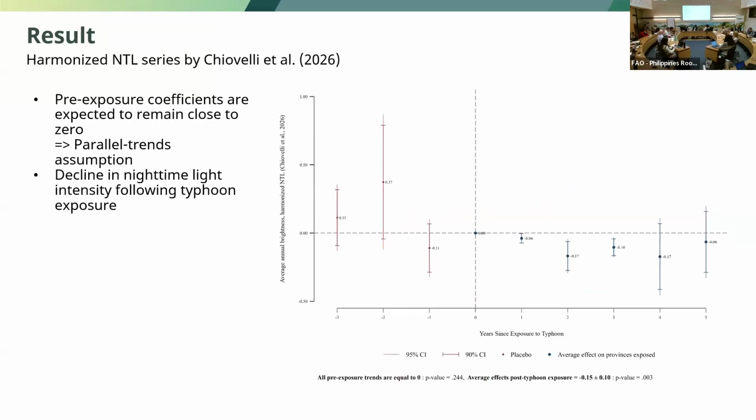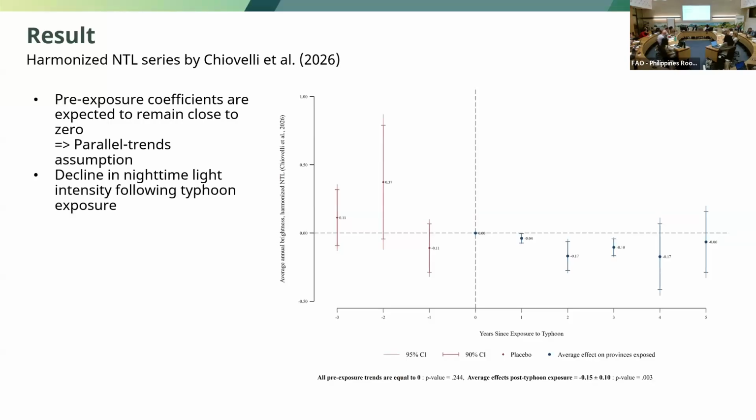So these are the results, and year 0 in this graph represents the benchmark period, the period when the typhoon happened, and this is the result using the harmonized nighttime light series. The pre-exposure coefficients are expected to remain close to 0 to satisfy the parallel trends assumption.